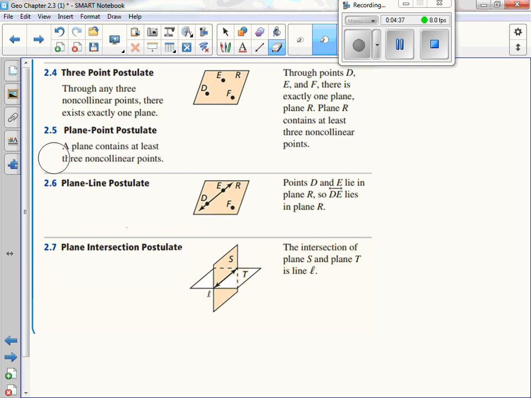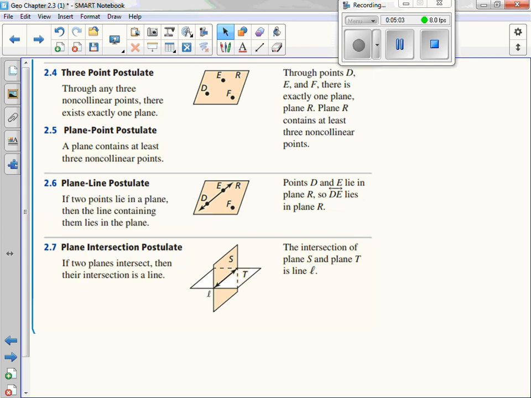The plane point postulate means that any plane contains at least 3 points. A plane contains at least 3 non-collinear points.